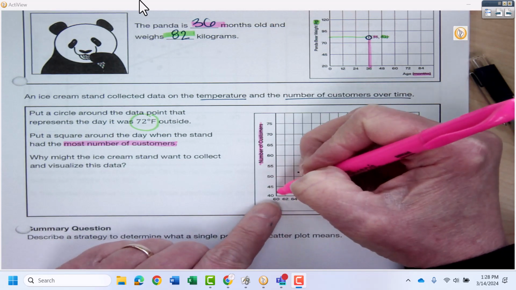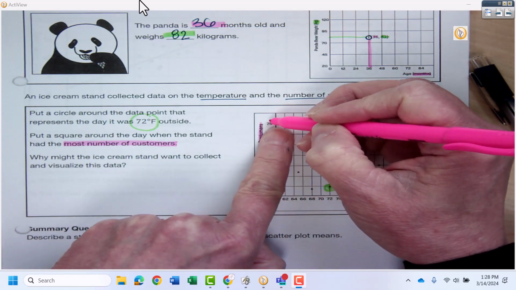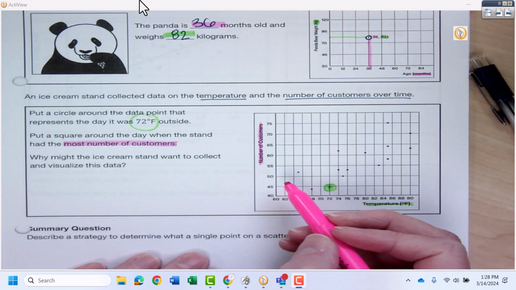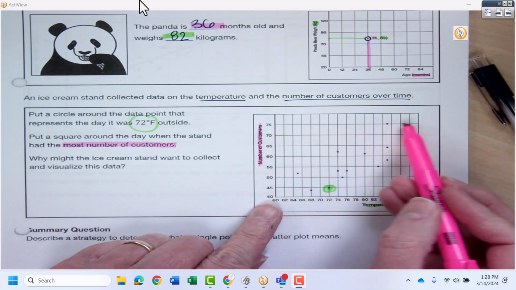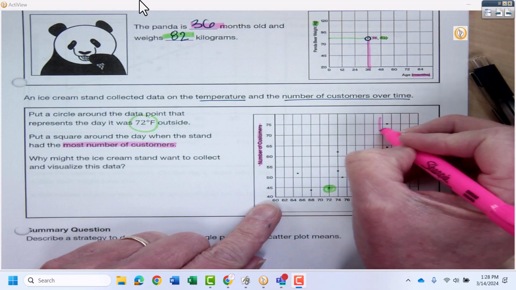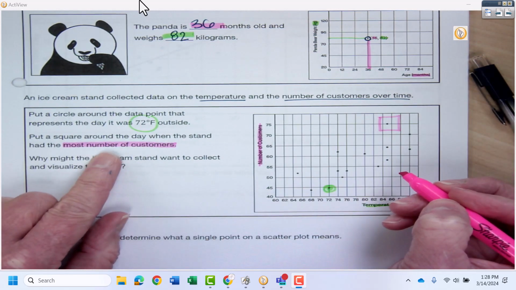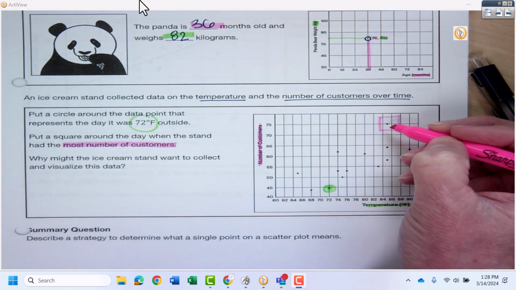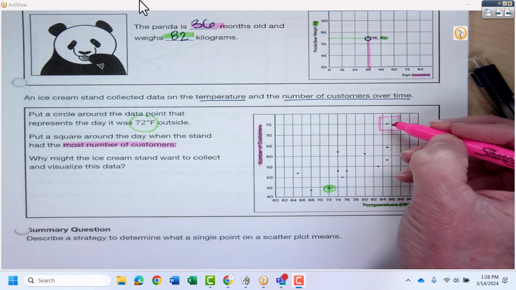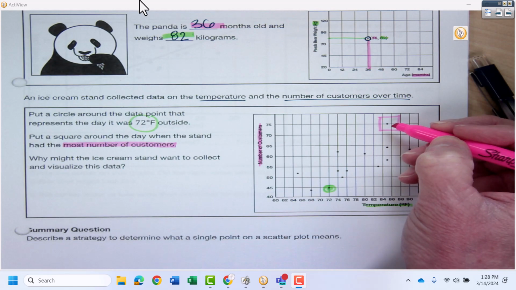And the most number of customers is going to be the point that's the highest on our graph. So we've got points all over the graph, but the one that sits at the highest level is this one right here. Let's put a square around that. So that's the day when we had 75 customers. That was the most number of customers we had on any of these days.